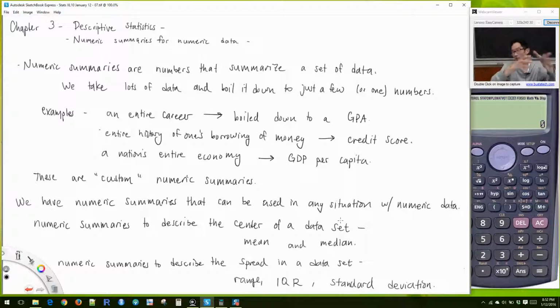We want to be able to make quick comparisons between these groups. Rather than having to look at every single person individually, we can just look at these numeric summaries. In the same way, rather than having to look at someone's entire transcript of scores or class grades, we can just say, hey, what's your GPA? And use these single numbers to make comparisons.